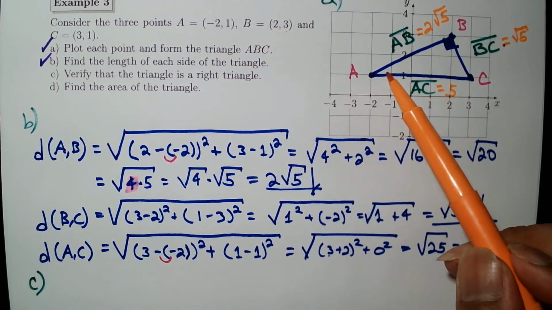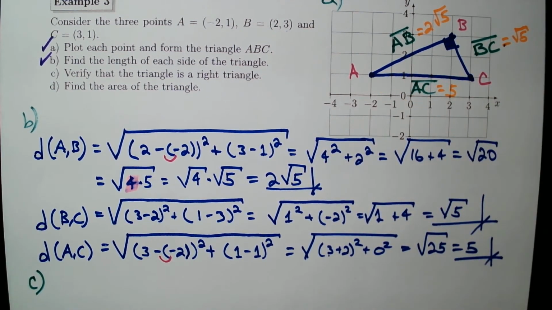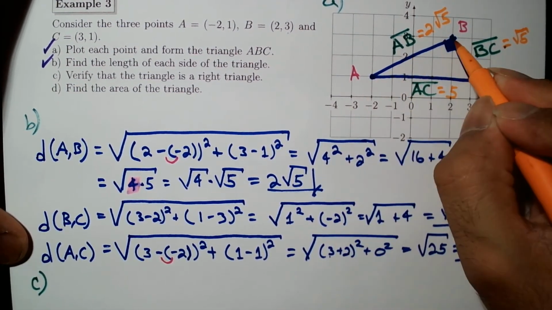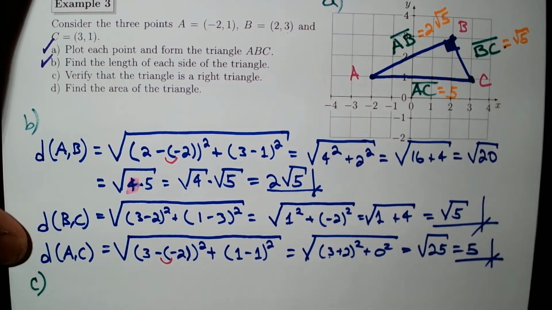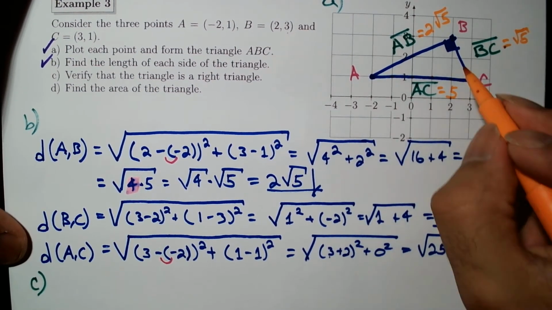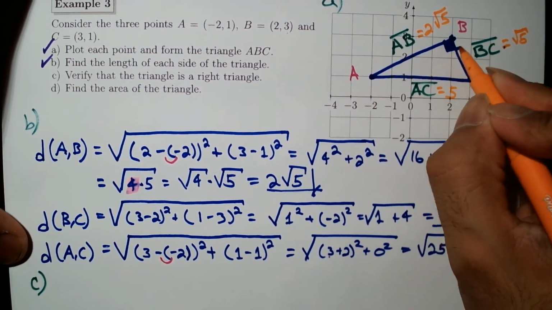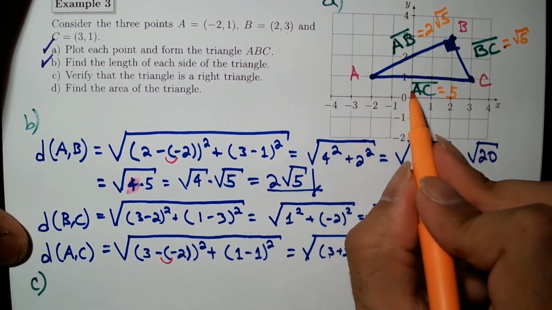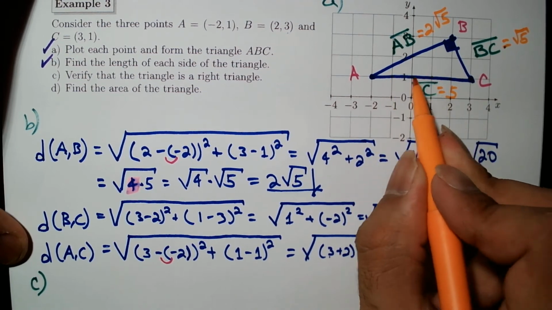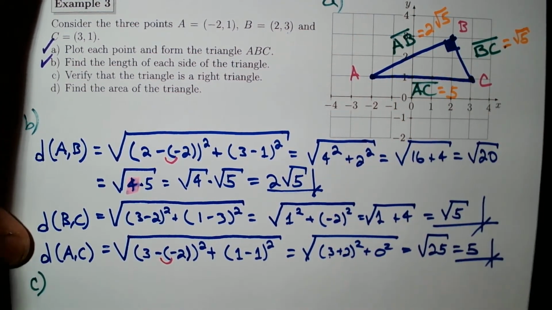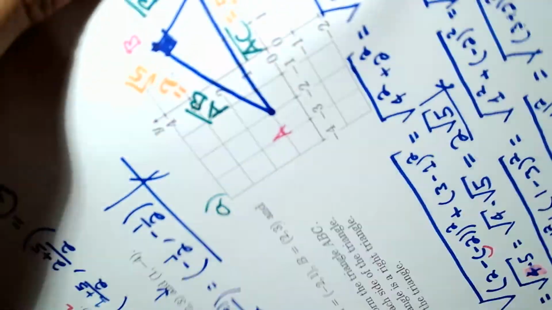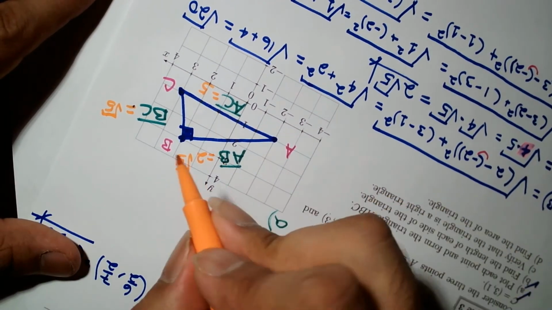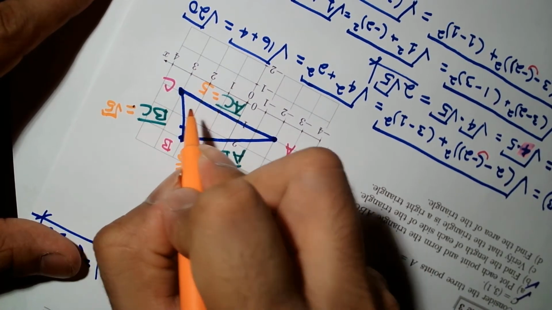That is called, yes indeed, the Pythagorean theorem, which states that the sum of the squares of the lengths that form the right angle is equal to the square of the hypotenuse. In this case, due to the perspective of the paper, let me put it like this. This could be A, B, and C.